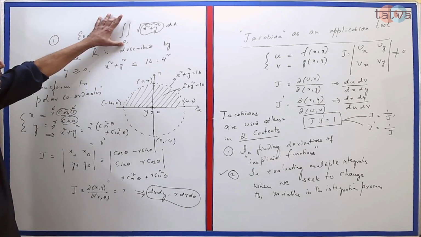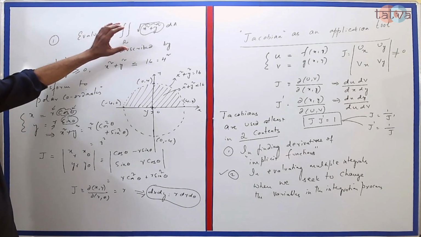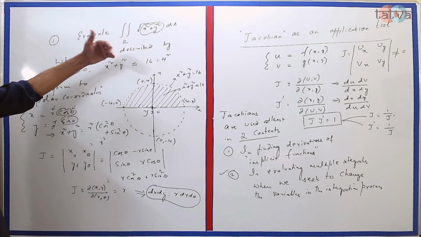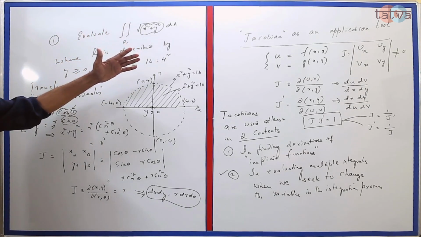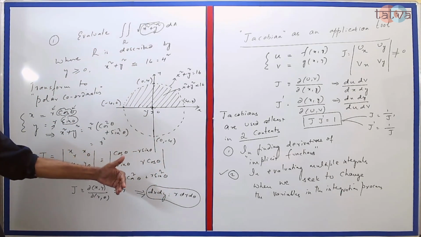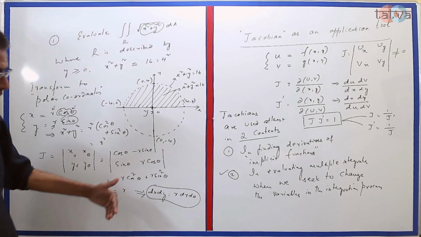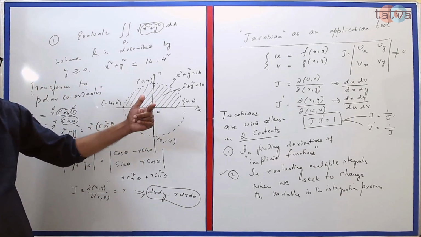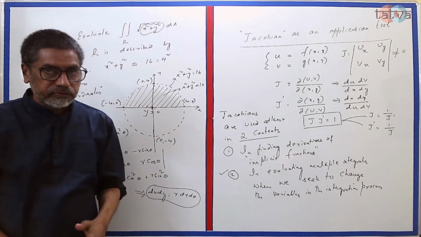But the only thing is, I'll have to fix limits for r and theta because there will be no more x and y in the problem. Those disappear and r and theta come. So what would be the limits for r and what would be the limits of theta? I'll fix those limits by looking at my figure and then evaluate the integral.